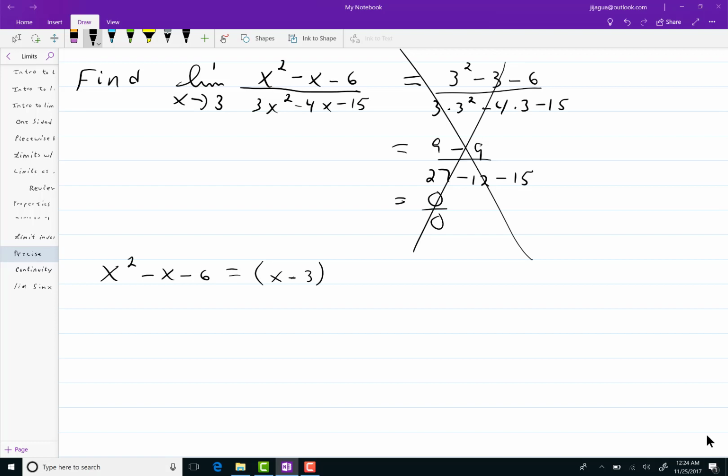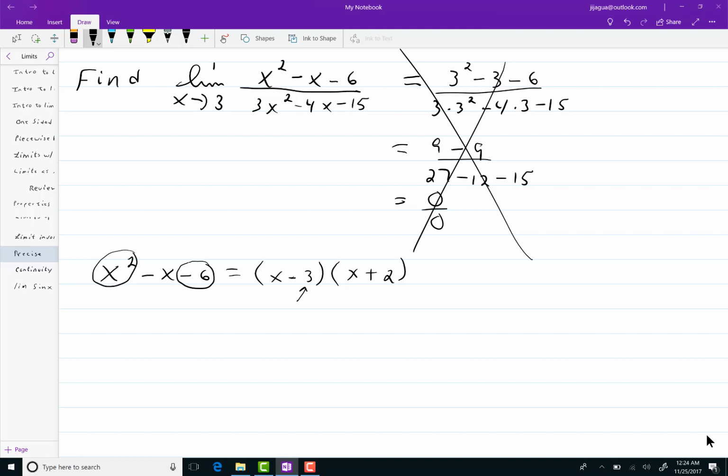So then all I need to do is figure out the other piece. Well, at the end I have a negative 6. And I already got negative 3 here. So I know that this last piece has to be a positive 2. It starts out as x squared, so there's no choice here but to have x. You can FOIL it out if you want, but trust me, it's going to work.